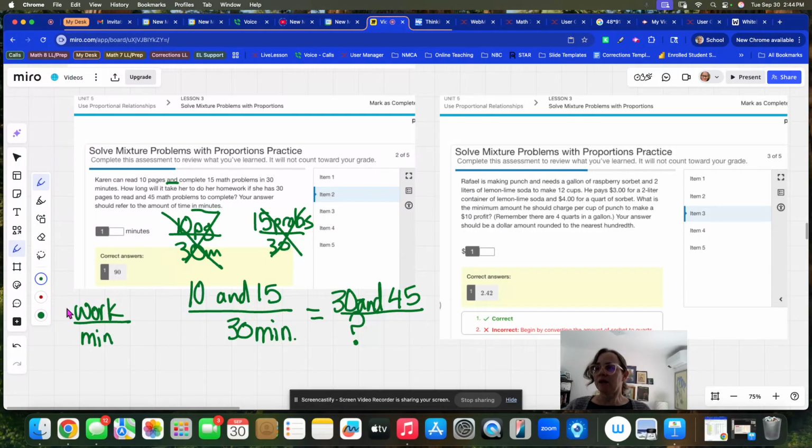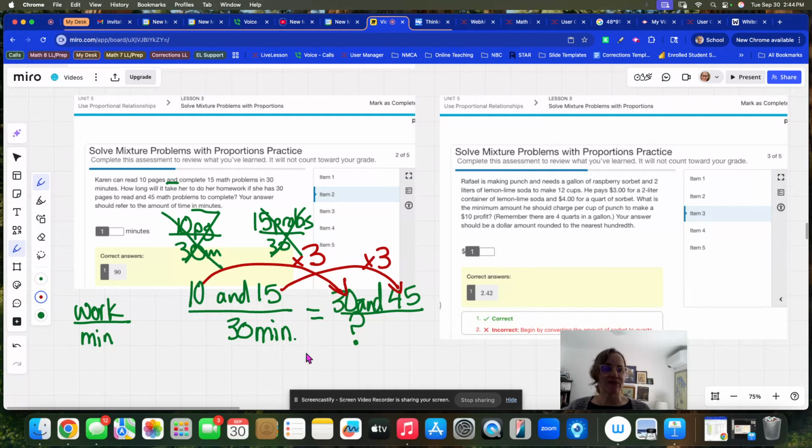Okay, and once I wrote it like this, it was pretty easy to see that we needed 3 groups of these 30-minute blocks here because it was going to take 30 minutes for every 10 pages. Okay, and then if you look at the 15 and the 45, that's also times 3.